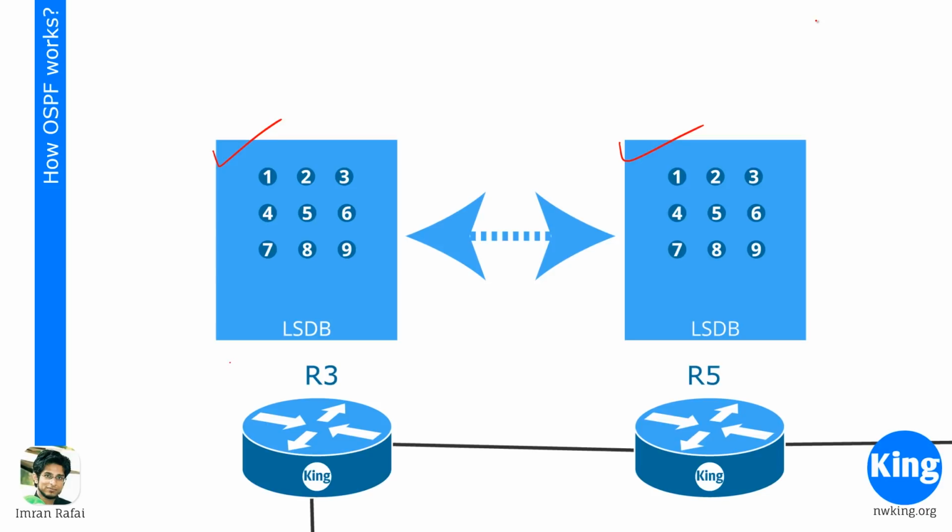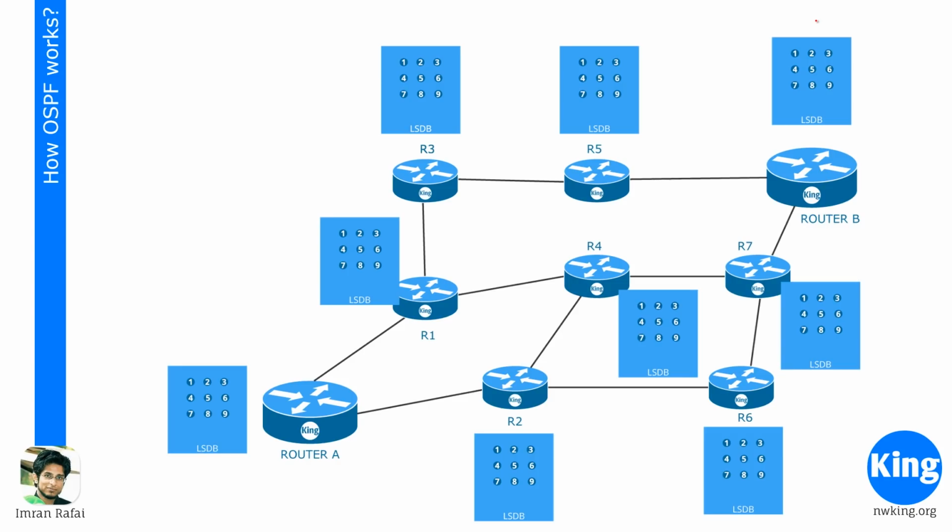So a very important stage is to have this LSDB synchronized across all devices in the network, right? Like I said, once this happens, every device in this network, like for instance, in this case there are 8 routers, each of those routers exchanges link state requests and link state updates. And before that, of course, they have to form a neighborship. We will talk about neighborship and how this process of request and update happens.